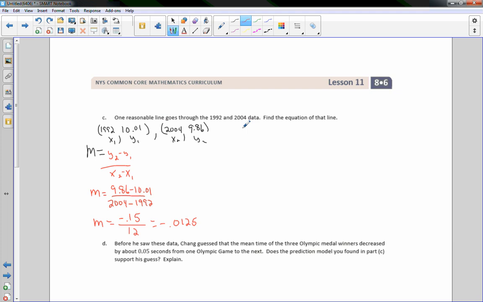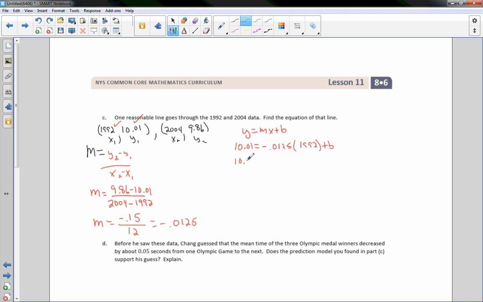So now we take y equals mx plus b. We just found m, and we have an x and we have a y. I will use the 1992 and the 10.01. So that's going to be 10.01 equals my slope, which is negative 0.0125, times x, which is 1992, plus b.